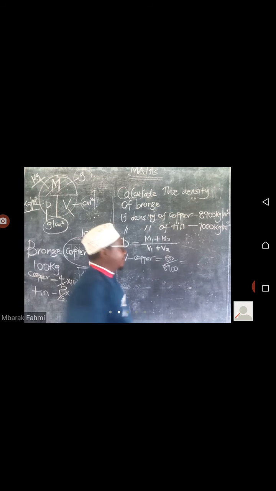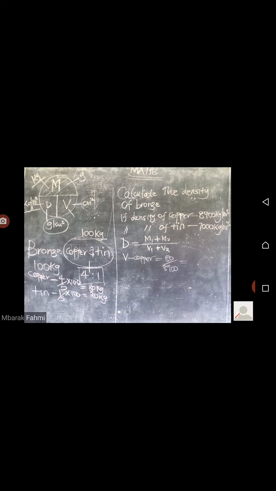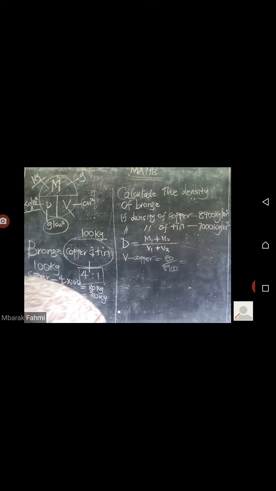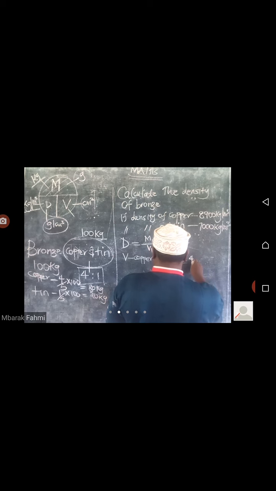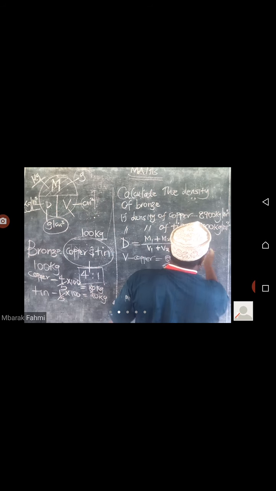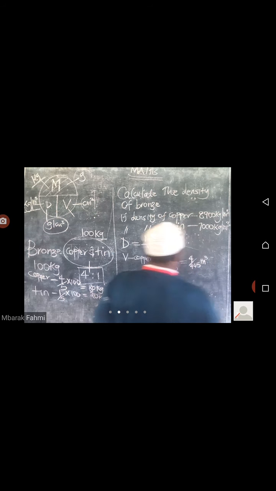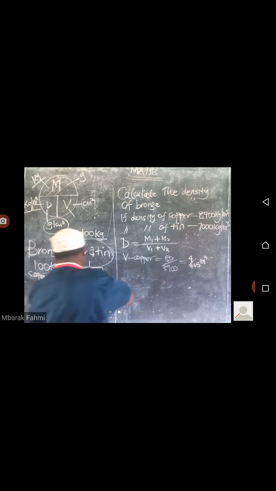So the volume is 80 divided by 8,900, which is 0.00898 cubic meters. We can even change it into a fraction for easy calculation, so we'll have 4 over 445 cubic meters.